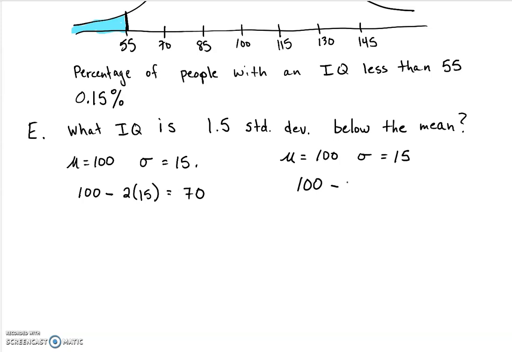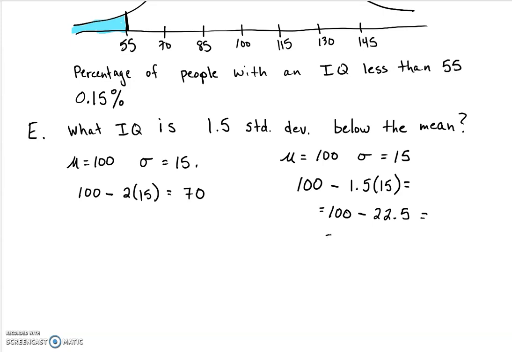And we want 1.5 standard deviations. So we take 1.5 and multiply it by the standard deviation. And that gives us 100 minus 1.5 times 15 is 22.5.